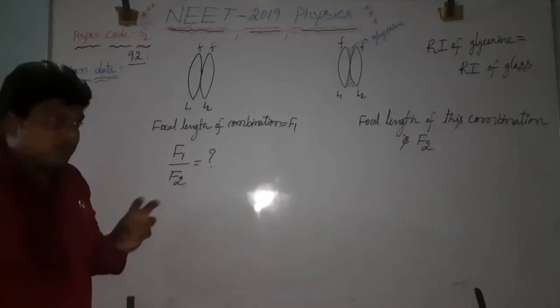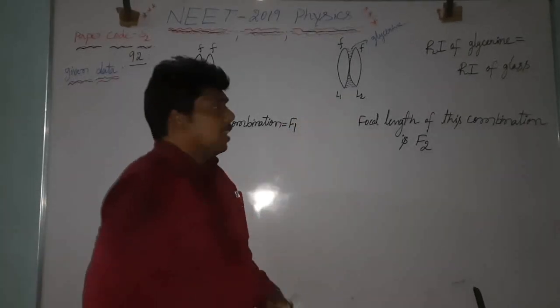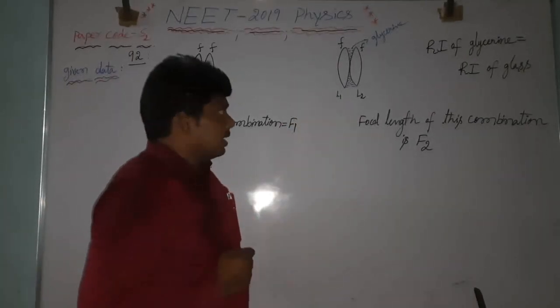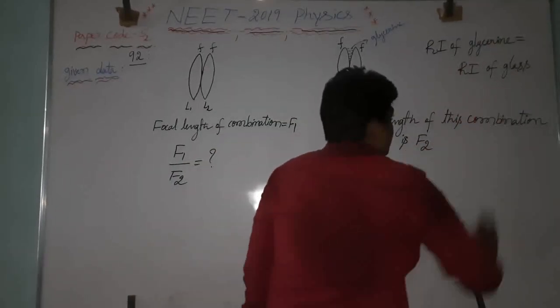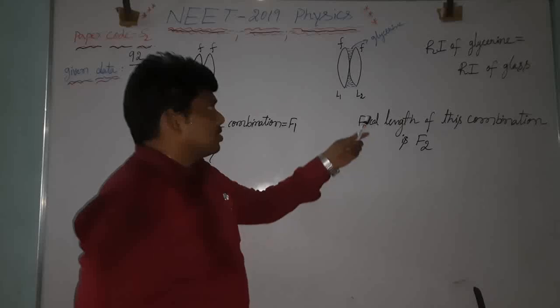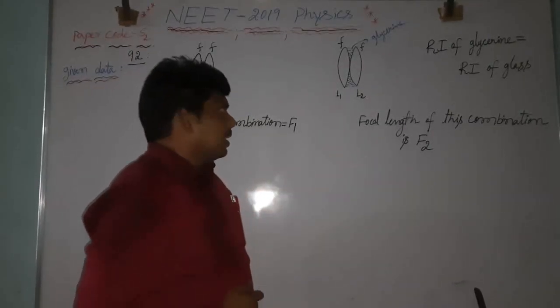Now the space between the two lenses is filled with a liquid, glycerin, which has a refractive index equal to the refractive index of the glass. In the question they have mentioned that the refractive index of the glycerin is equal to the refractive index of the glass.